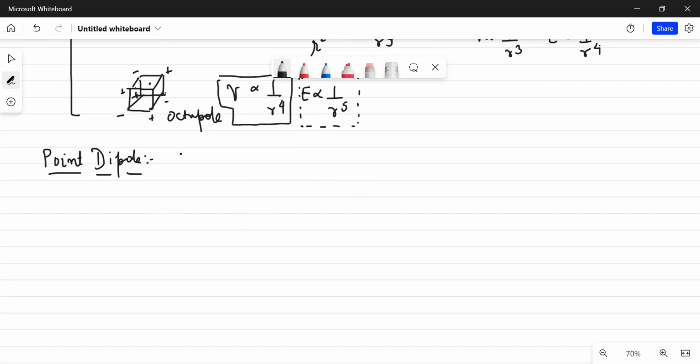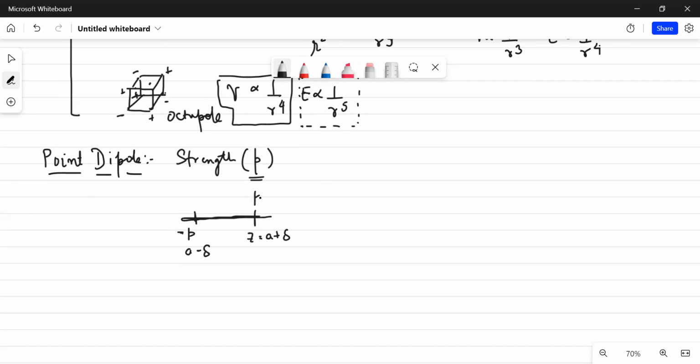Let us say the strength of the point dipole is again denoted by P. It is placed at z equals plus delta, and there's another, minus P, which is placed at minus delta.